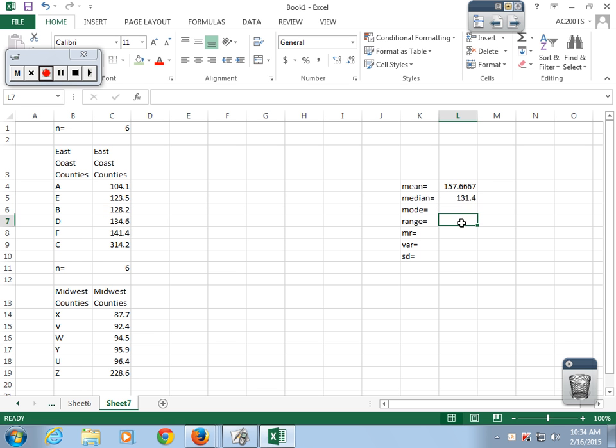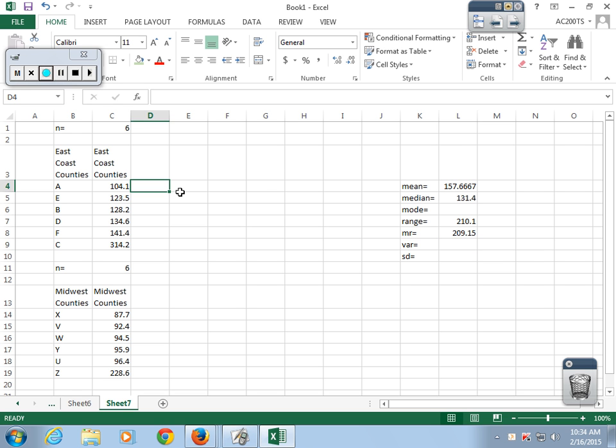I'm not going to worry about the mode. Y'all can worry about that. Range is this minus this. Mid-range equals parentheses this plus this, divided by 2.